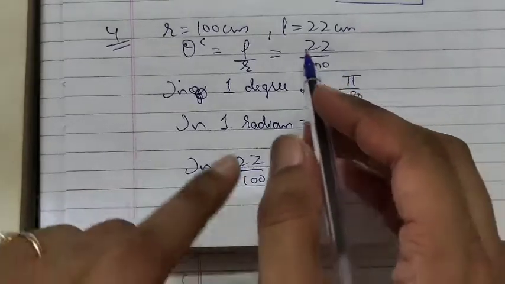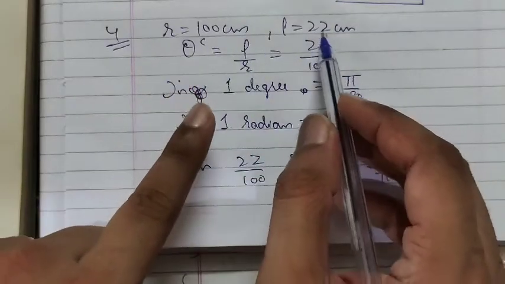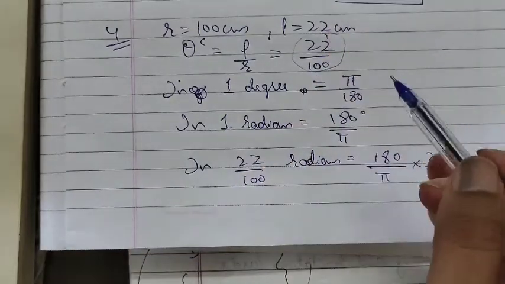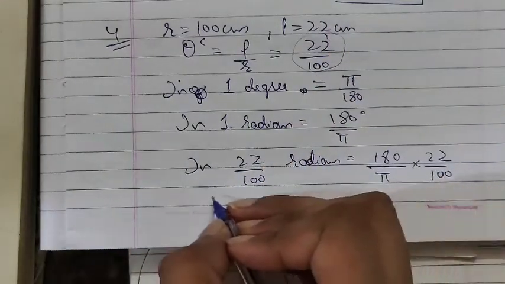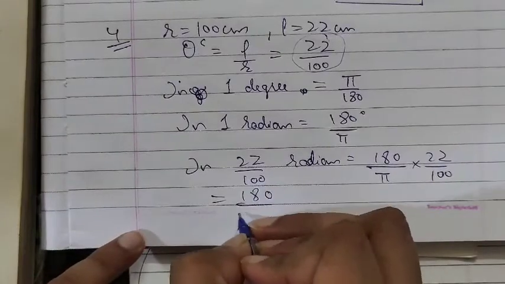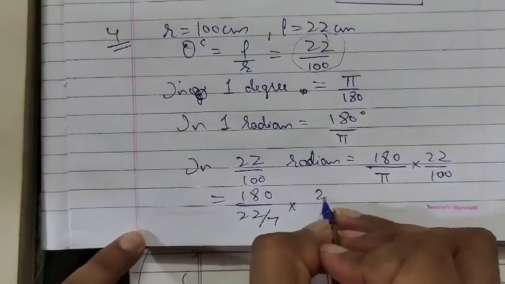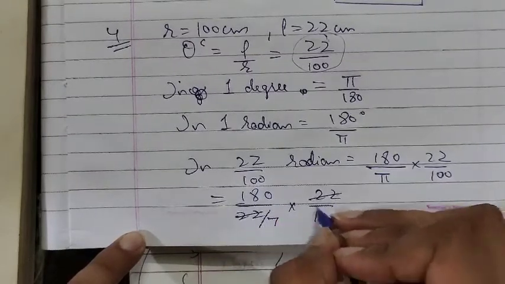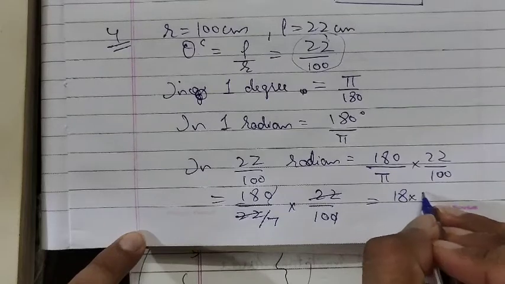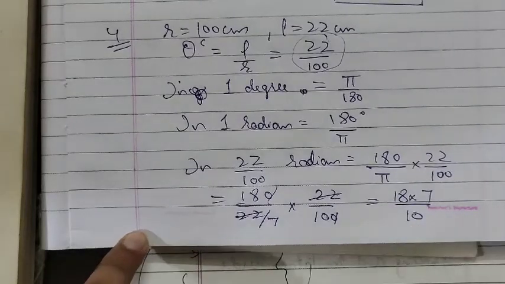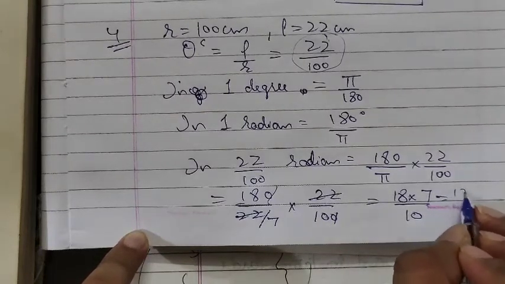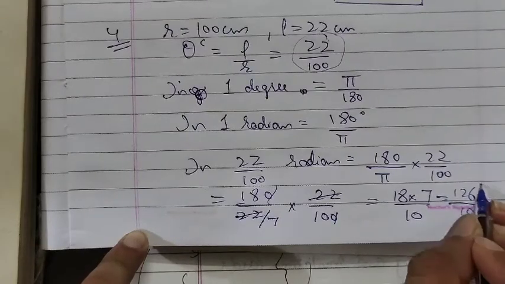See, this is very easy. We are simply converting this theta radian to degrees. That's what we were doing in the second question. Now the pi value is 22 upon 7, so 180 upon 22 by 7 multiplied by 22 upon 100, right? So 22 and 22 get cancelled, 0 and 0 get cancelled, so 18 multiplied by 7 upon 10. 18 multiplied by 7 is 126 upon 10 degrees.